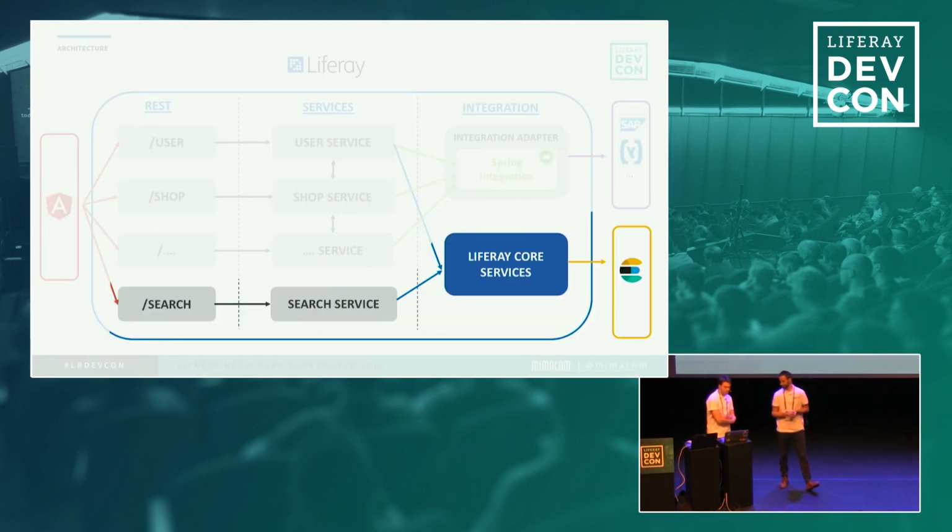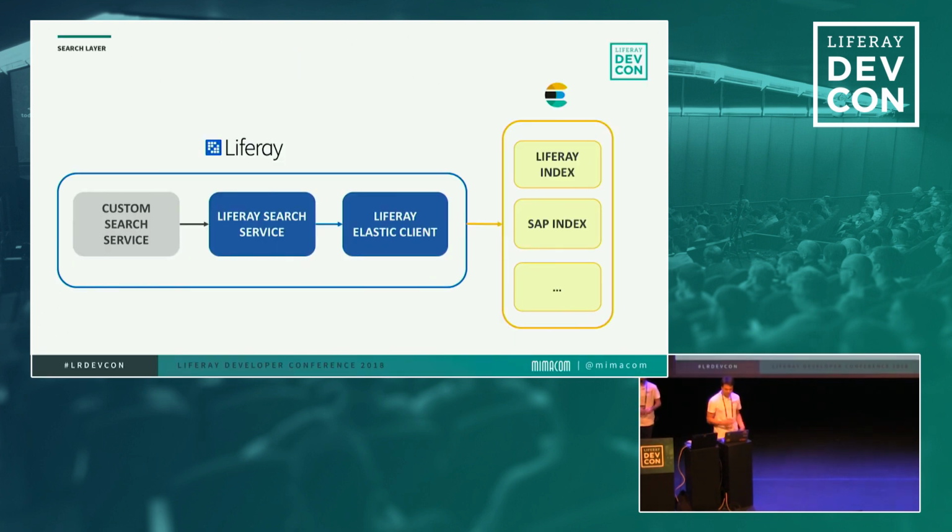Going back to our high-level architecture, the next thing we are going to talk about is how we manage search with a lot of data coming from, in our case, isolated Elasticsearch components. This was our first approach when we wanted to integrate Liferay with a lot of different indices in Elasticsearch, because this was the main difference with a normal Liferay project, where you only have Liferay content in Elasticsearch.